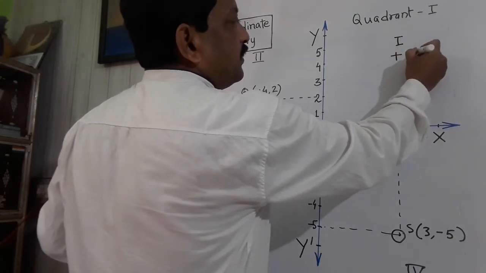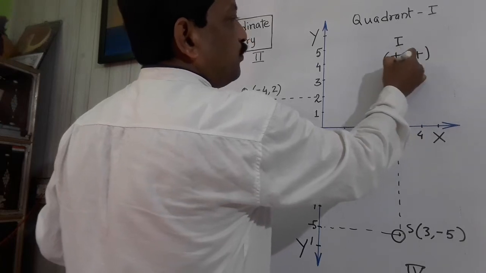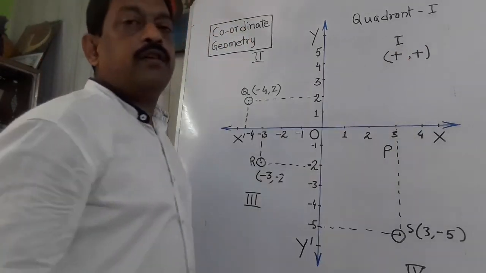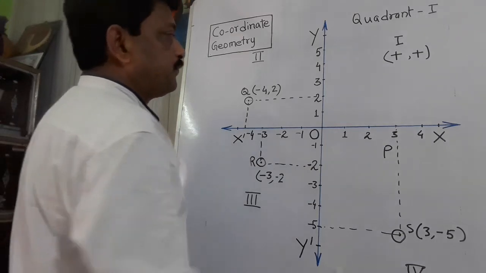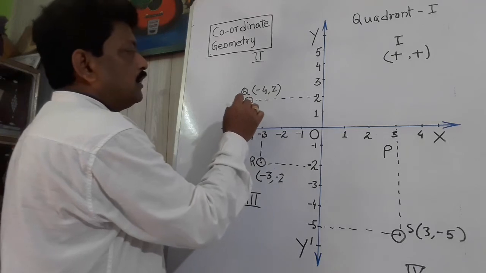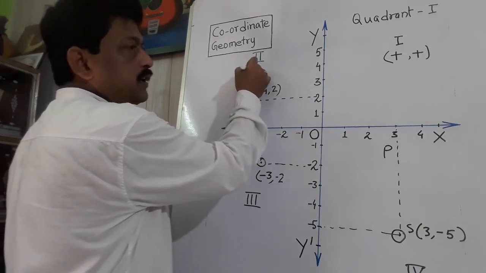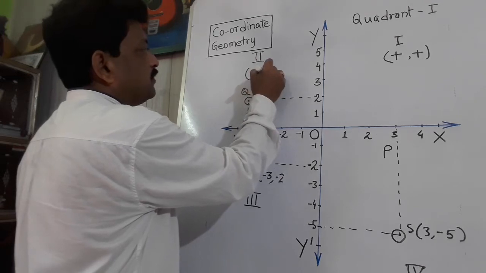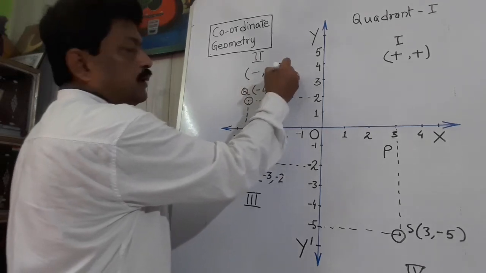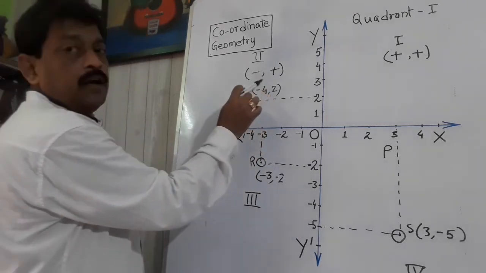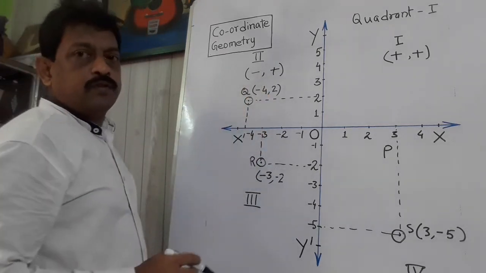any point in the first quadrant is taken as plus plus, meaning both the abscissa and ordinate have positive sign. Similarly, any point in the second quadrant is taken as minus plus, that is the abscissa is negative and the ordinate is positive.